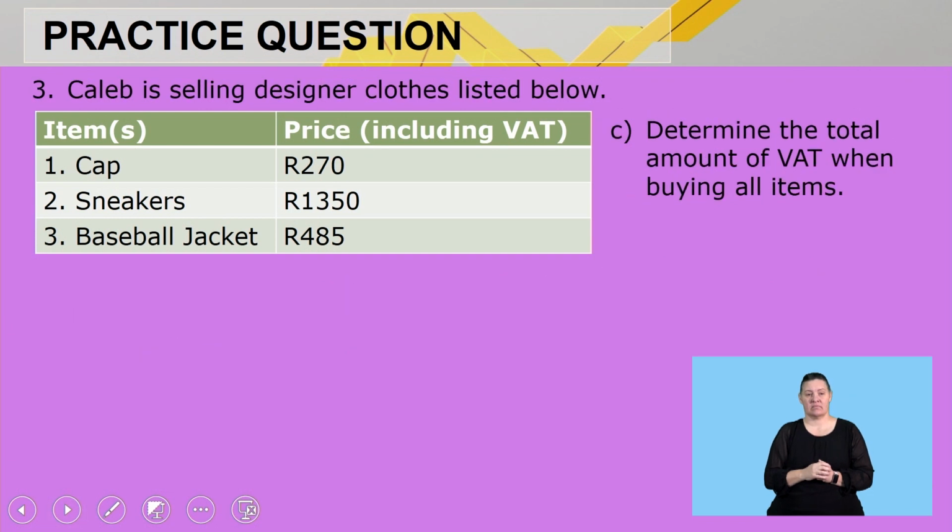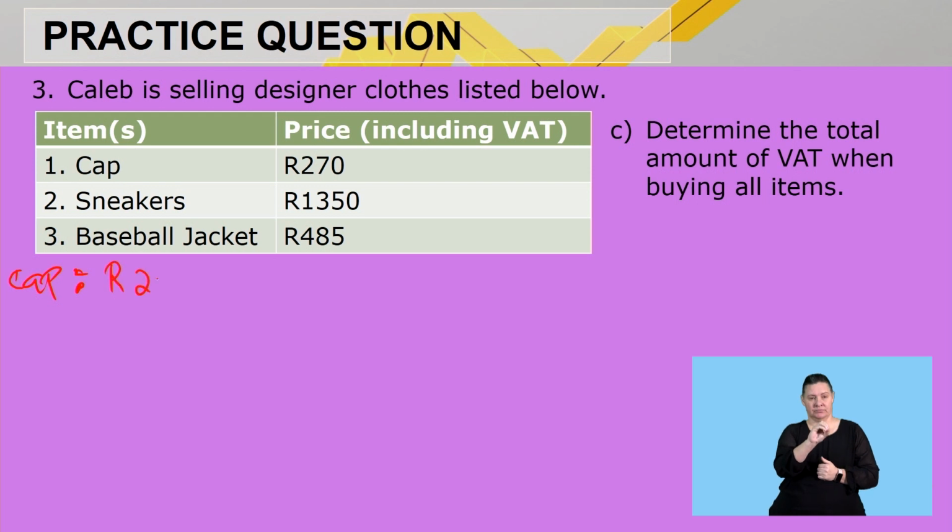Right, number C, 3C, says determine the total amount of VAT when buying all these items. Looking at our first item, a cap, we have 270. Now we are calculating the amount of VAT charged on this.